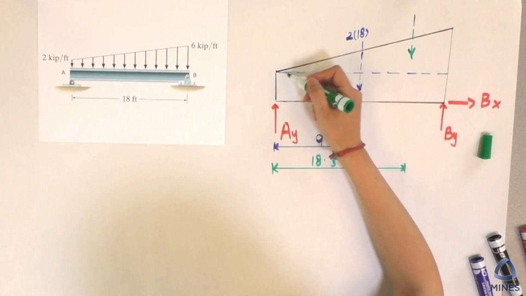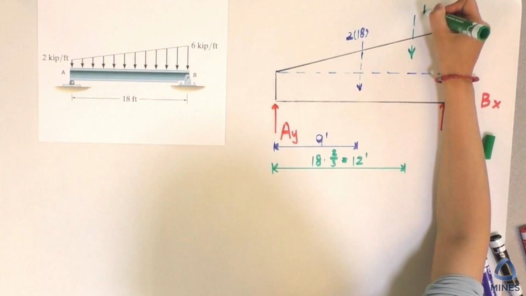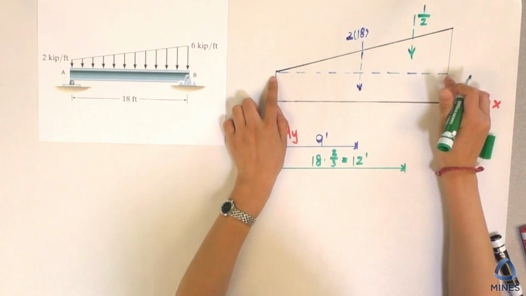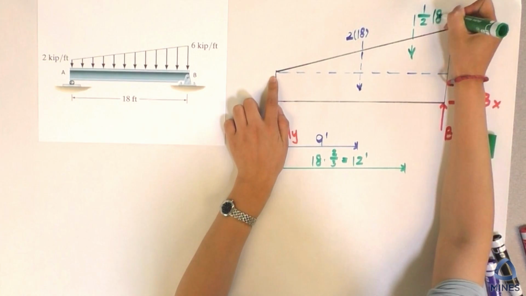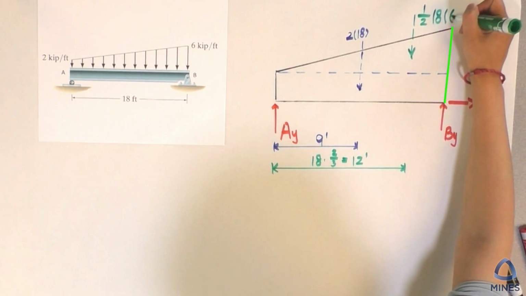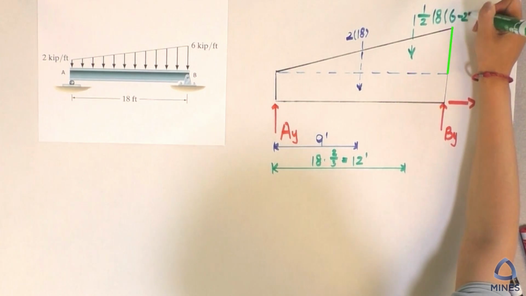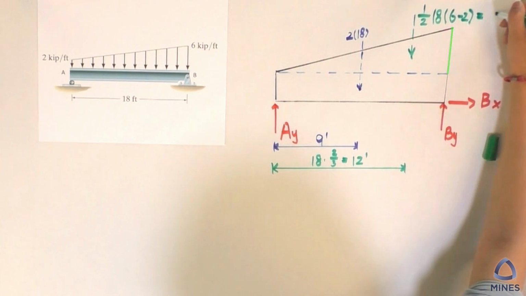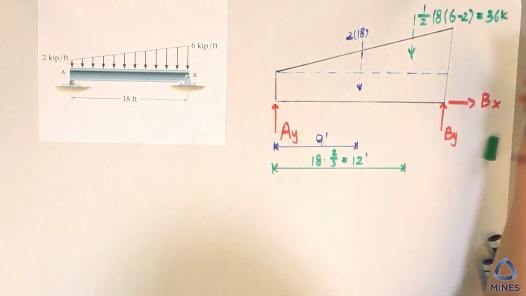It will be the area of the triangle: 1/2, the base is 18, and the height of the triangle will be 6 minus 2. So in total we have 36 kips going down.